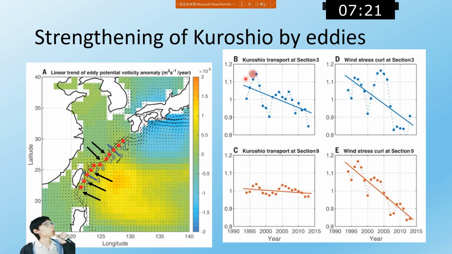But PV anomaly is not the only reason to affect the Kuroshio current. Here we show another reason, which is wind stress curl.